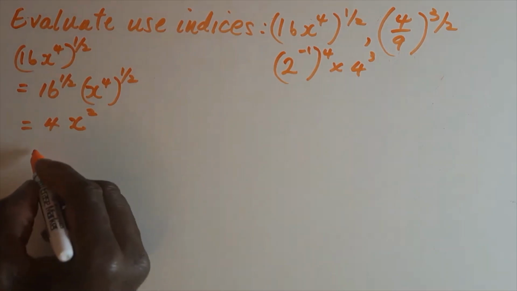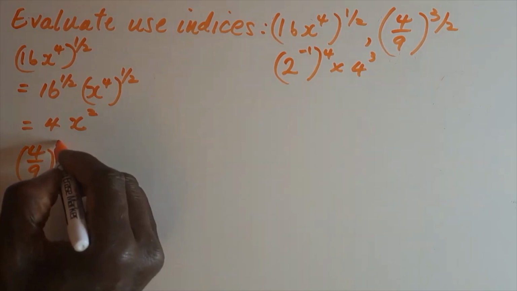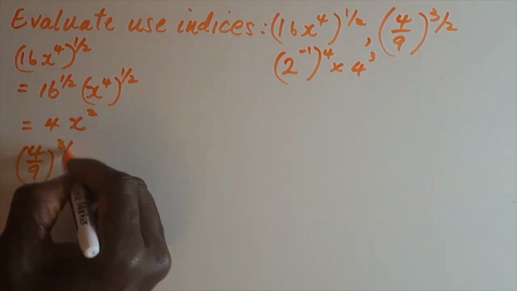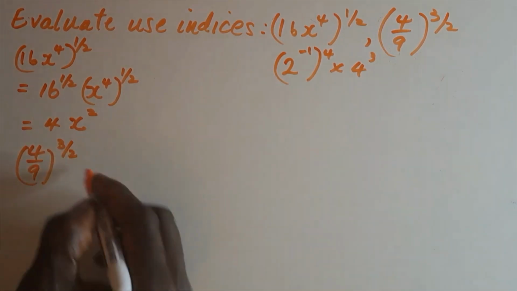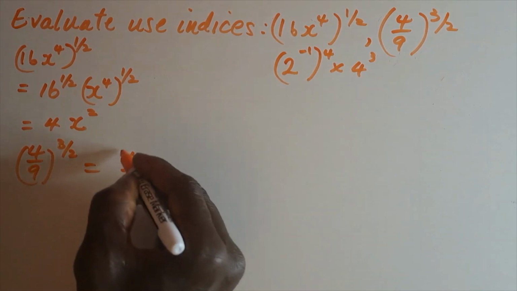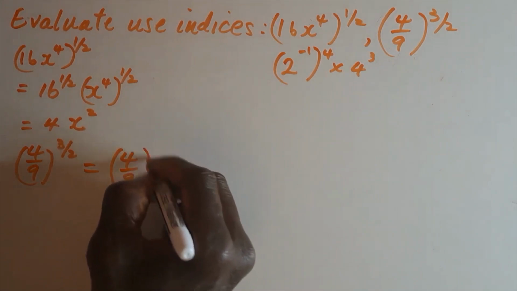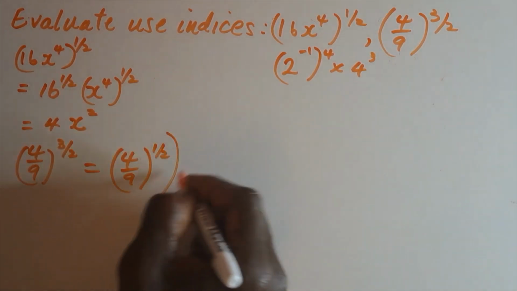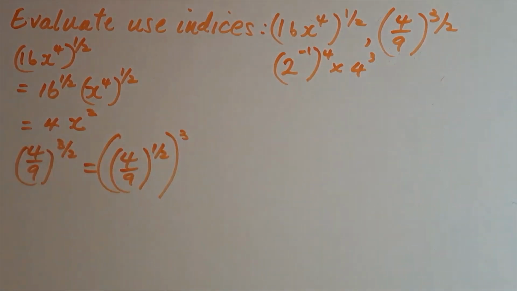Next we have 4/9, and we take it to the power of 3/2. Now we can write this as 4/9 in brackets, raised to half, and then at the end, outer brackets, we have cube.